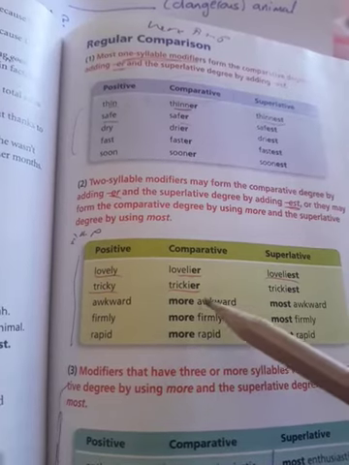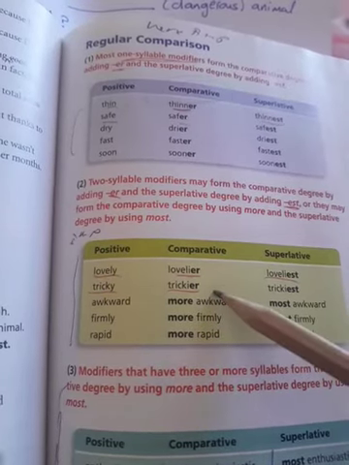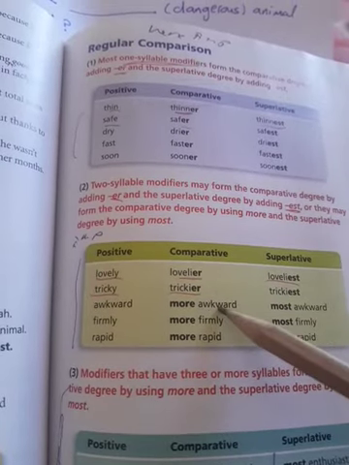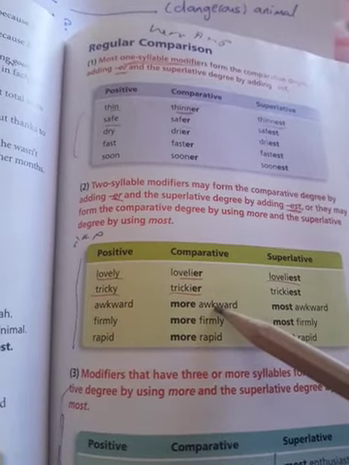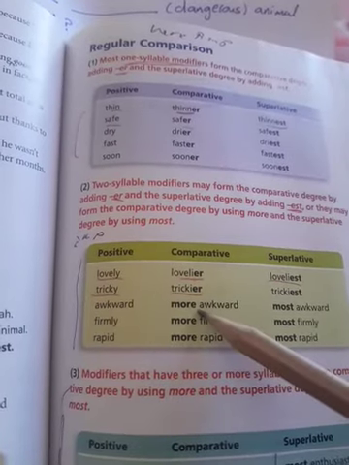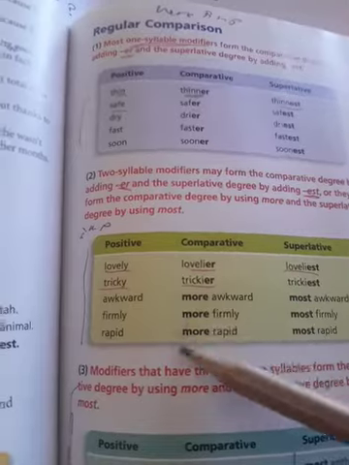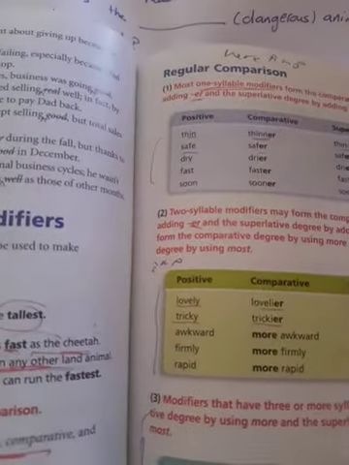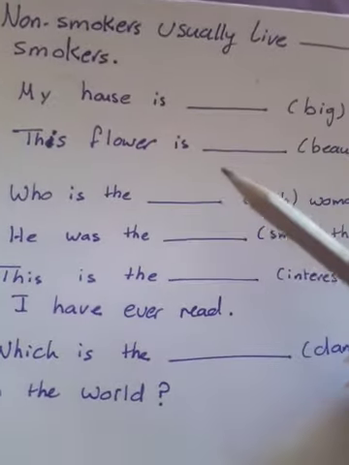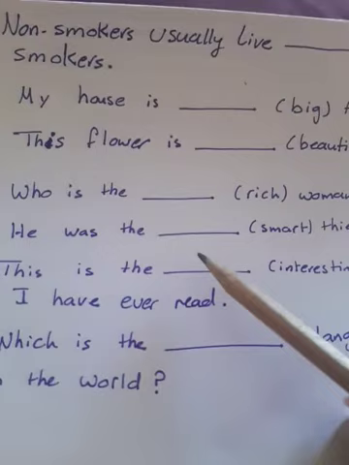So when you want to compare between two people, two things using adjectives with three syllables or more, you have to use more. Okay? Now, I want you to look at this paper here. I want you to look at the first example.